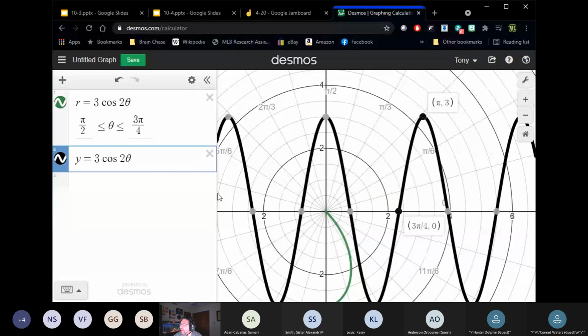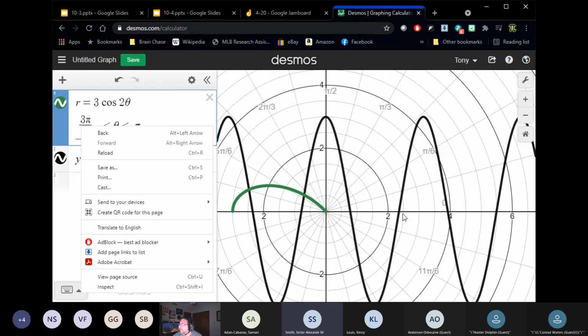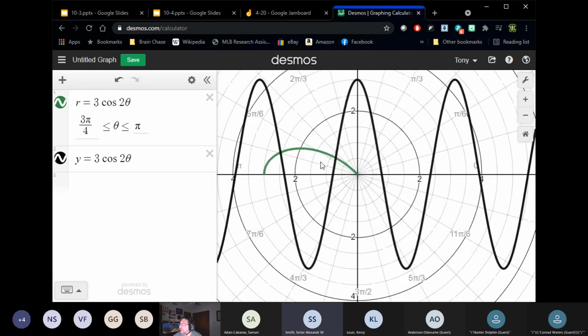And then if we look at the last part of the first set of them, if I go from 3 pi over 4 to pi. Now this one, my radiuses were positive, and we're in the second quadrant, so it stays in that second quadrant.